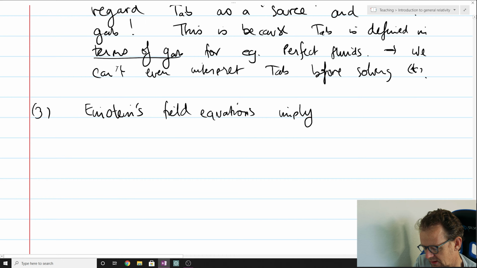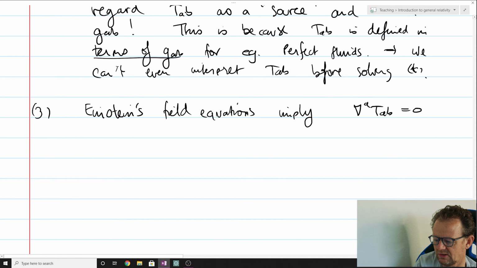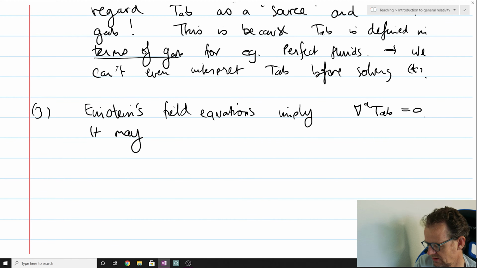I'll explain what I mean. Einstein's field equations imply this divergence condition on the stress energy tensor, right? That's in fact how I argued in the previous lecture, the modification of the Ricci tensor to the Einstein tensor. That's one way to introduce it.